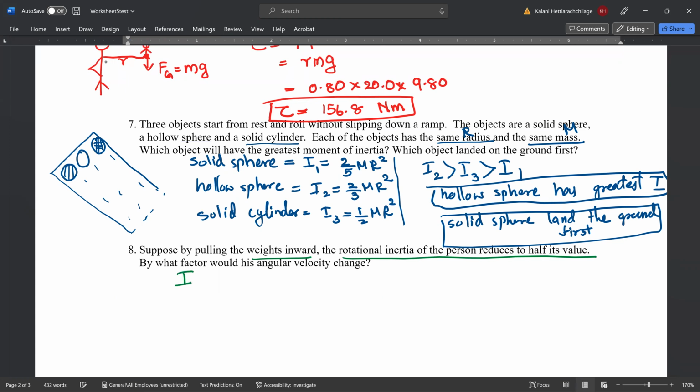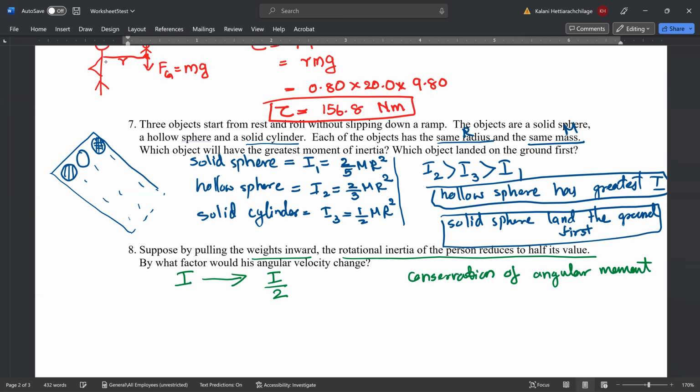Whatever he had at first is going to be reduced to half. Now this is actually conservation of angular momentum.